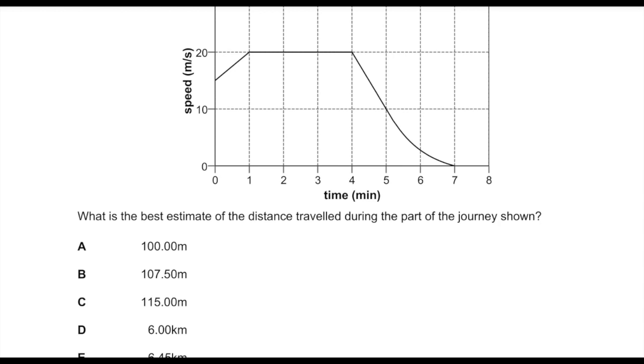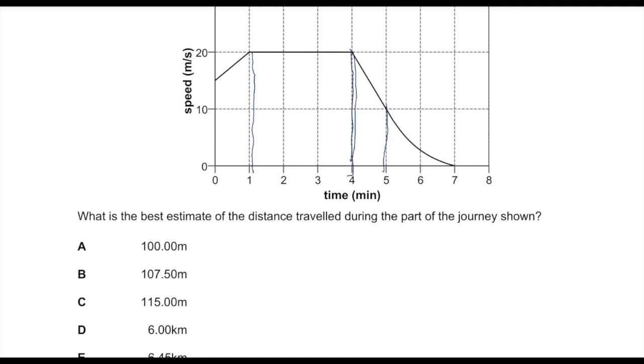So therefore, we need to rearrange this equation, which will give distance is equal to speed times time. Armed with this information, we can now split the graph up into different sections, so it'll be easier to work out the area of the graph, the distance essentially.